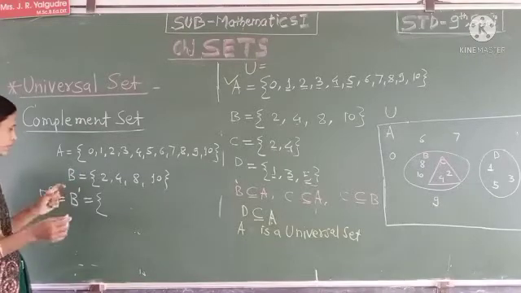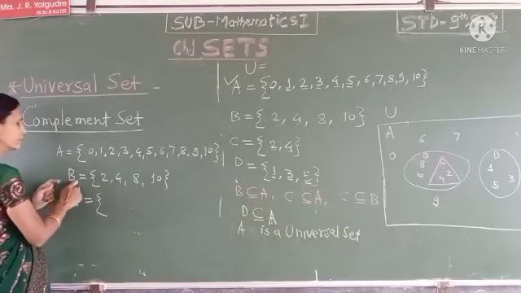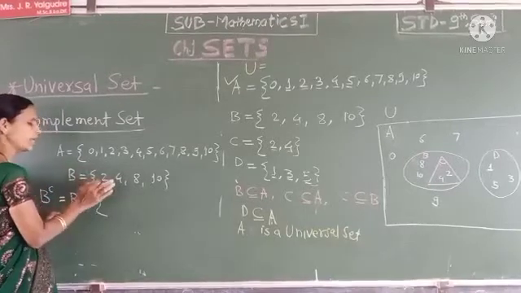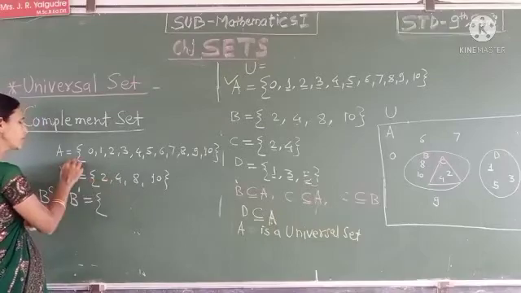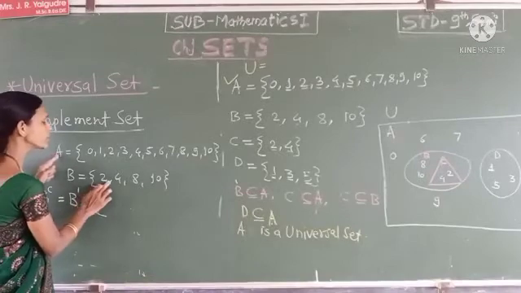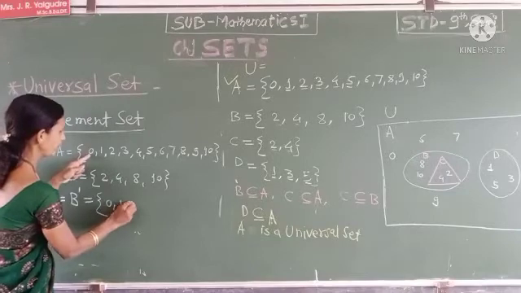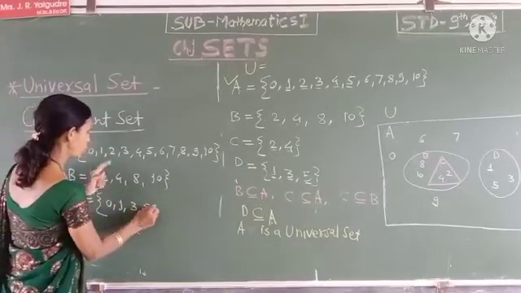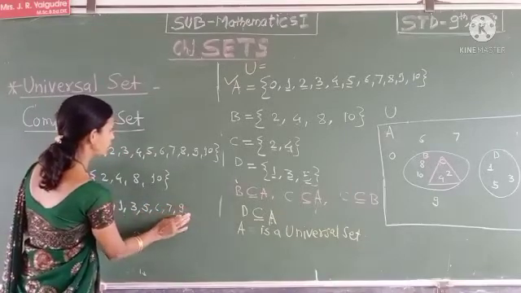That means all elements which are present in A, but those elements are not included in set B. That means the remaining elements from A which are not present in set B, that is 0, 1, 3, 5, 6, 7, 9.